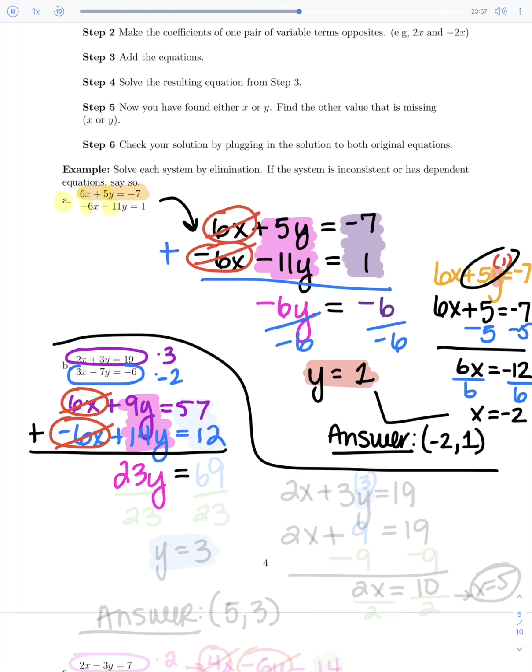We have a 57 and a 12 that are getting added together, which will be a 69. So continuing to solve this normally, we'll divide both sides by 23. And that will get me that y equals 3.